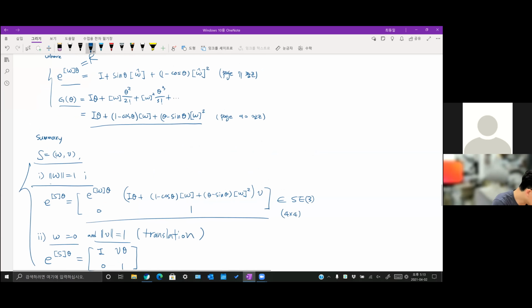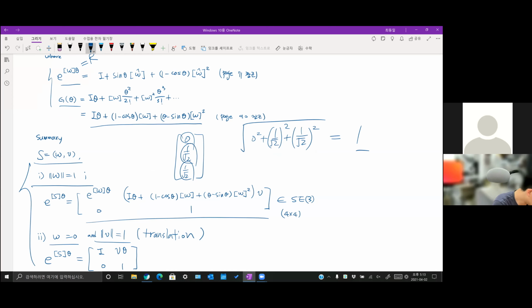Even though the norm of the angular velocity vector is 1, we can have some components like 0, root 2 over 1, root 2 over 1. This one has the norm of 0 squared plus the squares of the others, so the size is 1, but it has some kind of component like this.